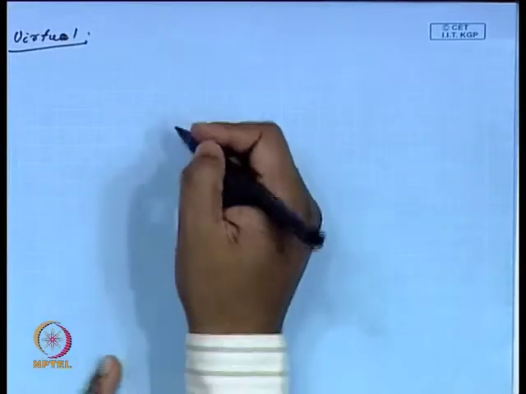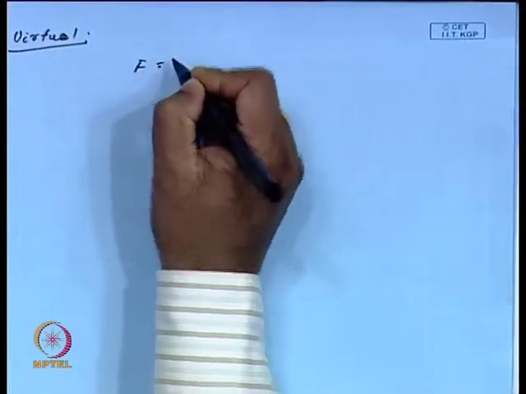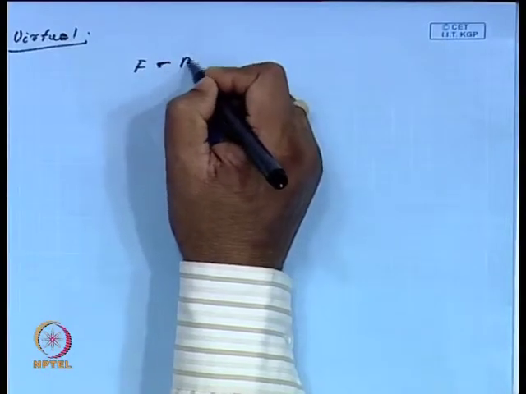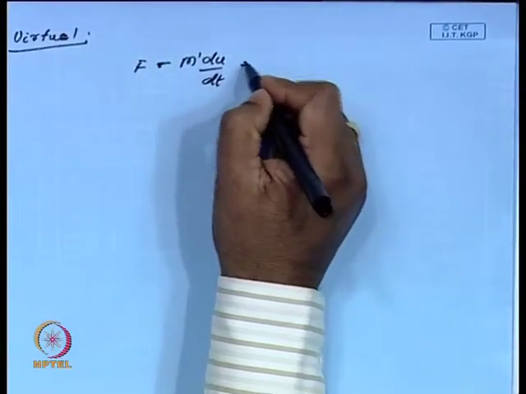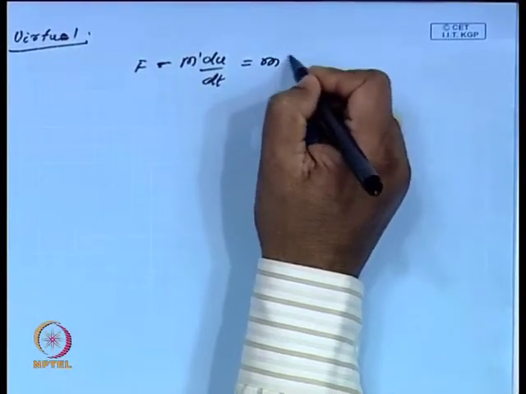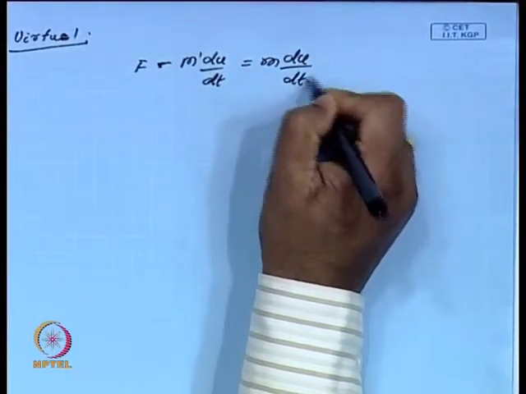So, the equation I will say is F minus m prime du by dt equal to m du by dt. I will just write it again.